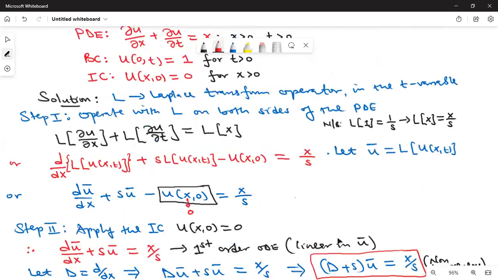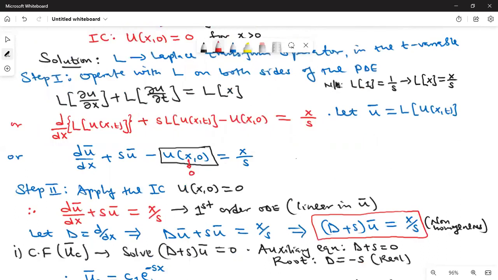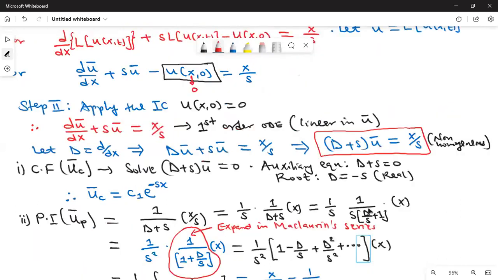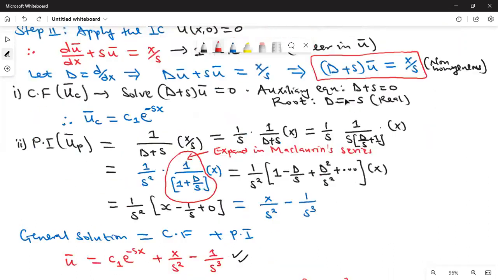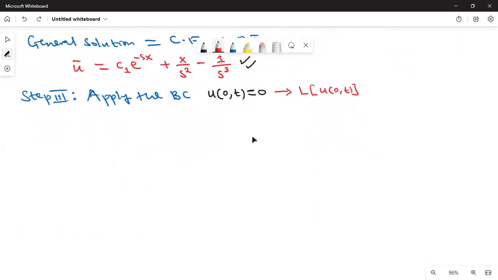Yeah, it is supposed to be 1, not 0. So I'm going to change this to 1 instead of 0. It should be 1.